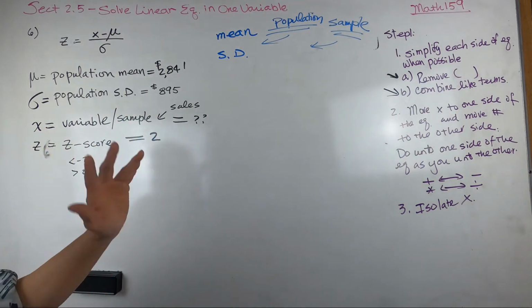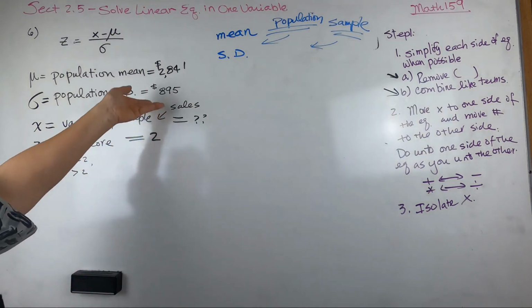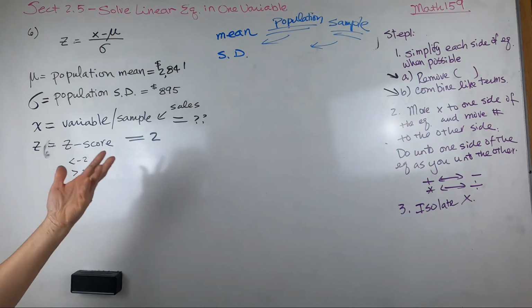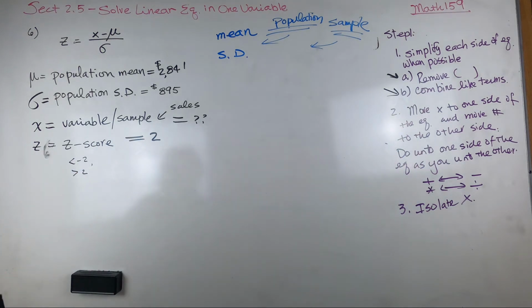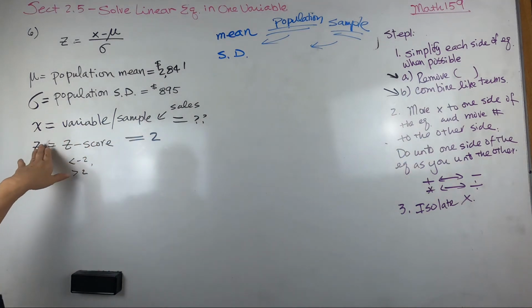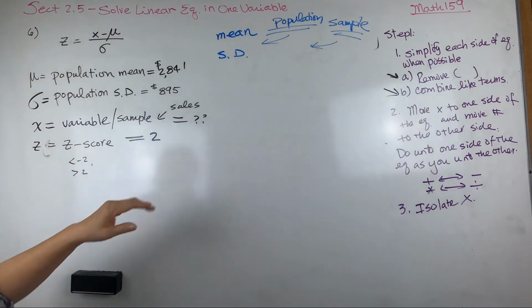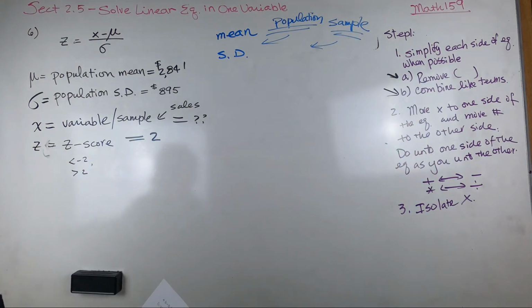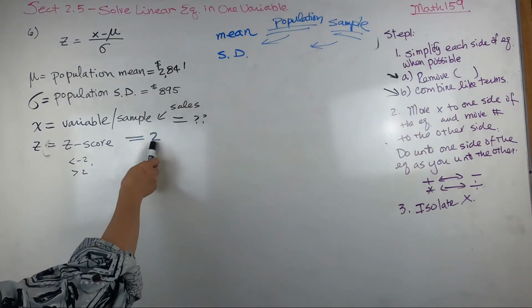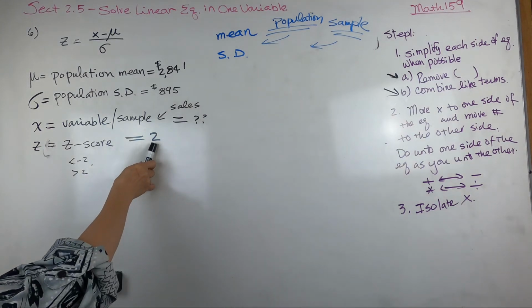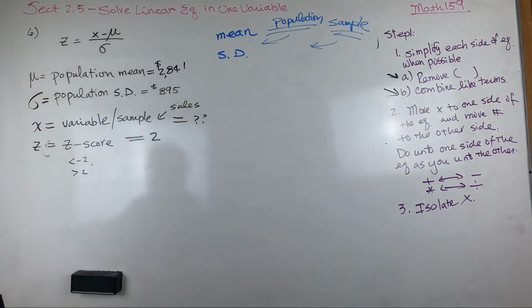Then sometimes it varies, $895 more or $895 less, the standard deviation, something like that. Then we don't know our x, and we want our z-score to be 2. If I want the z-score to be 2, what's my x? That was the question.